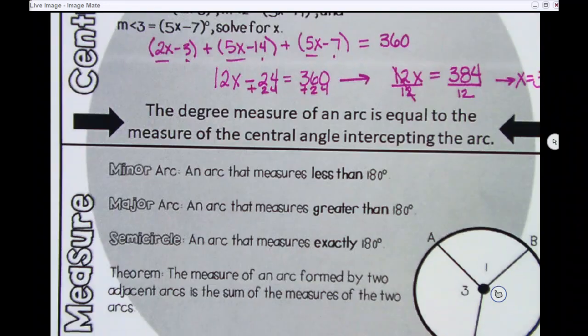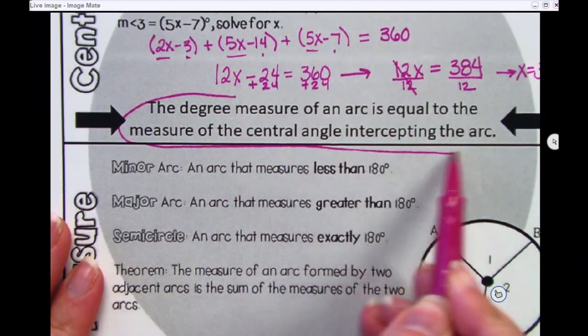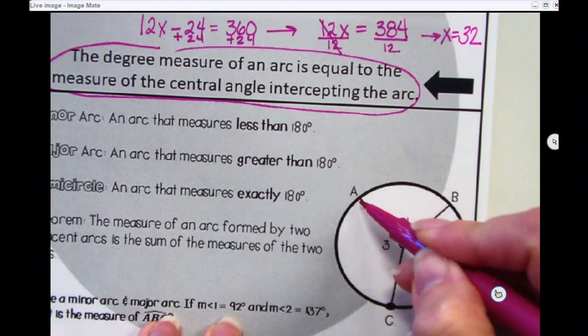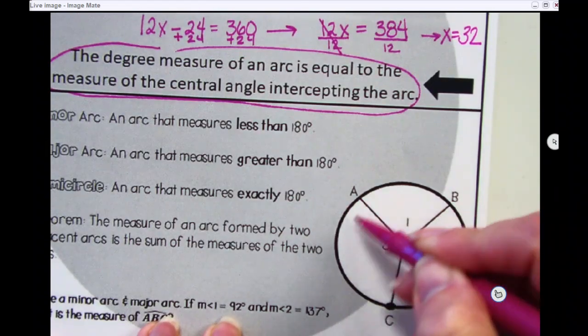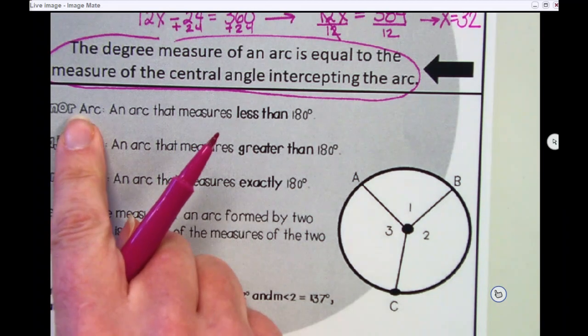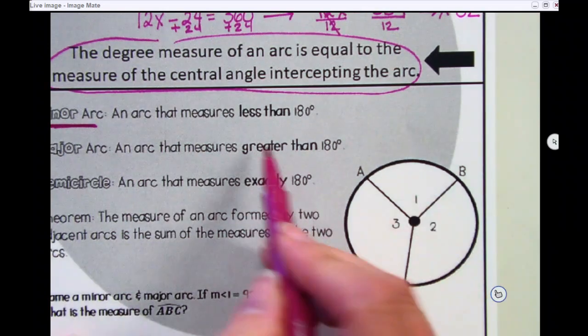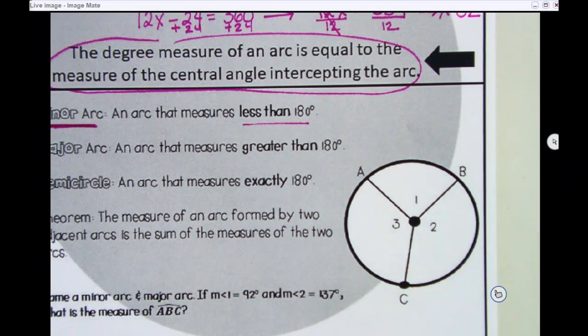Another little piece that you'll think is just as friendly. Okay, it's the second half, so of course it can't be all we're doing. The arc of a circle is what goes on the outer edge. So first of all, let's label some of these. If I've got a minor arc, it's less than 180, which means it's smaller than half.